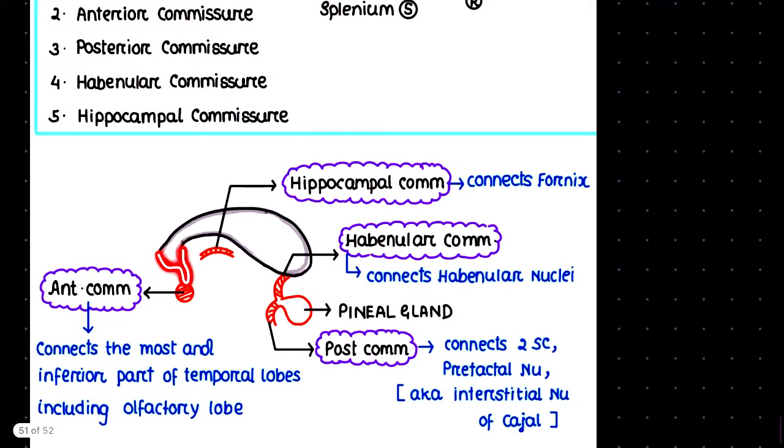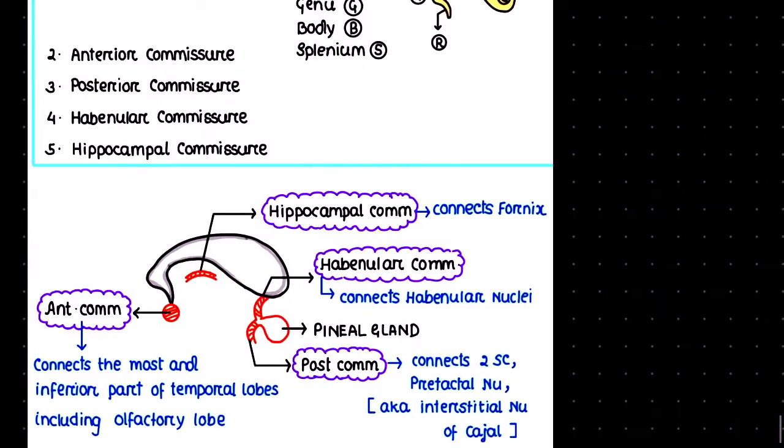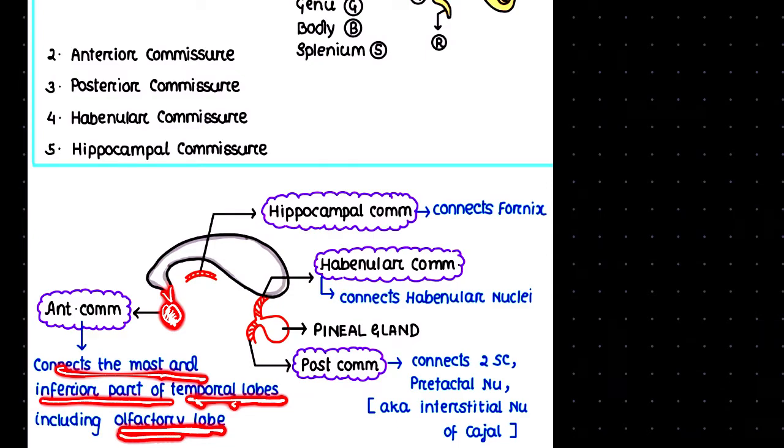We know this is our corpus callosum, the largest one, and its parts. Now, below the rostrum we will find the anterior commissure. Its function is that it connects the most inferior part of the temporal lobe with the olfactory lobe.